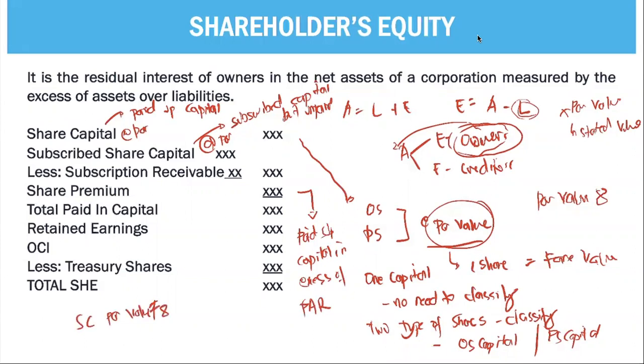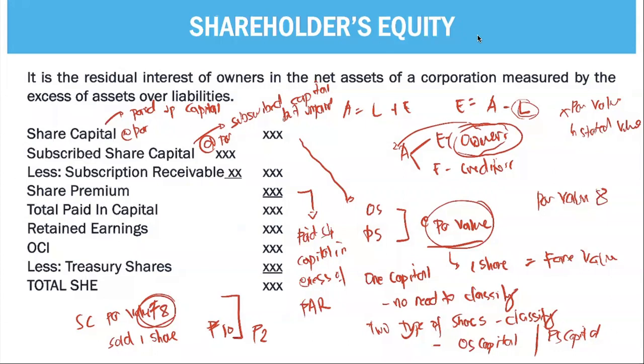However, you have sold one share for 10 pesos. So we have an excess of 2 pesos because our par is only 8, so you will record share capital at 8. However, you have sold it at 10, so we have an excess of 2. What do we call the excess? We call that share premium. That is the paid up capital in excess of the par. Our par is only 8, but the paid up is 10. Then we have an excess of 2 share premium.